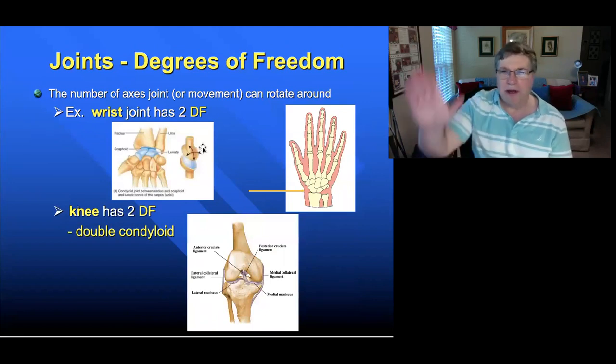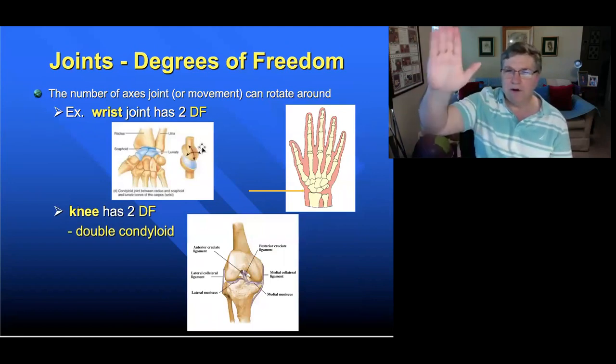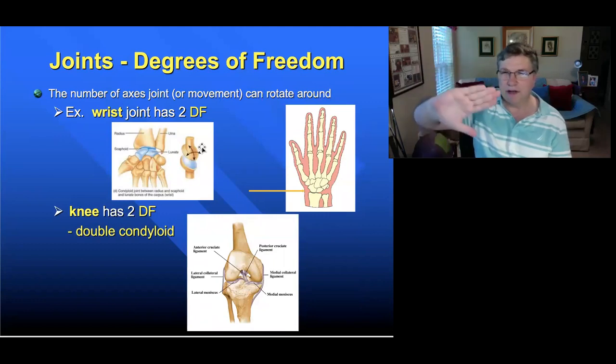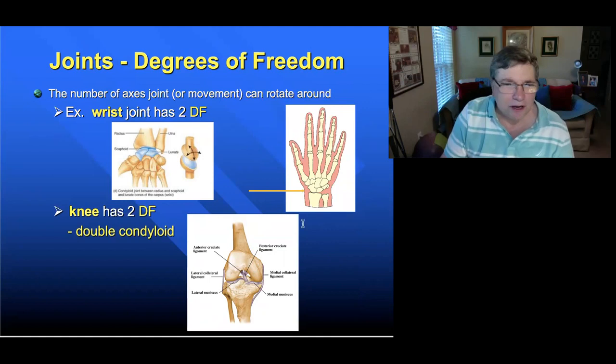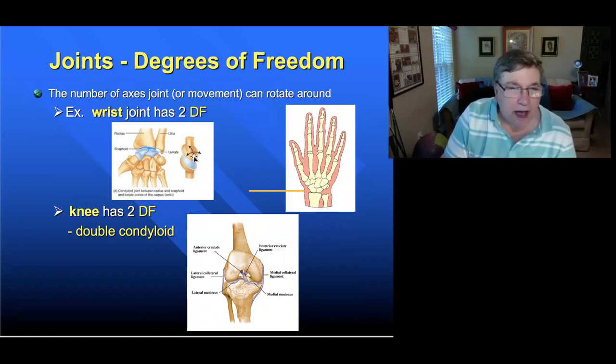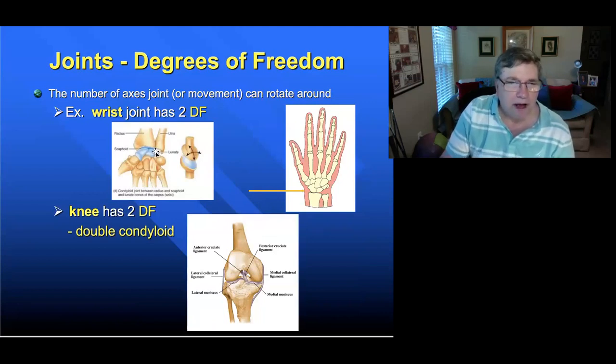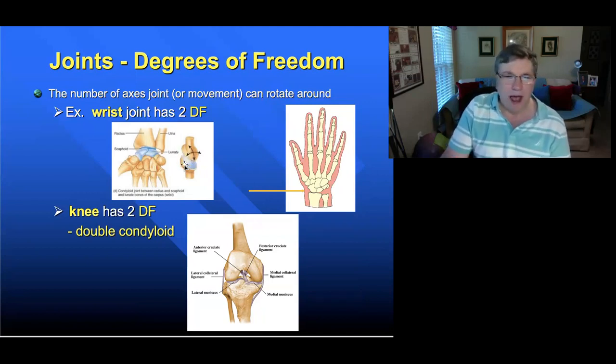The wrist joint has 2 degrees of freedom, 2 axes of rotation. It's an oval joint. So I can do flexion and extension, as well as radial and ulnar deviation. And indeed, if we look at the articulation between the radius and the scaphoid bone and the lunate bone, then what you actually see is an oval shape with a long and a short axis.